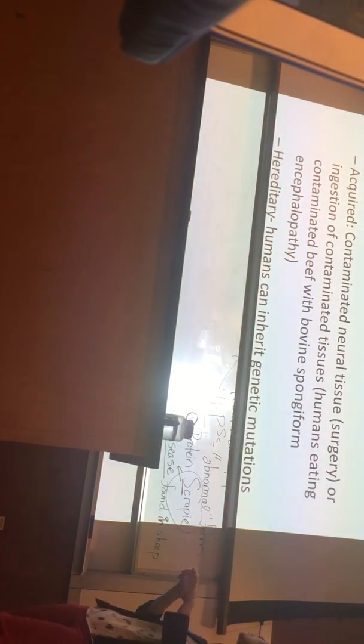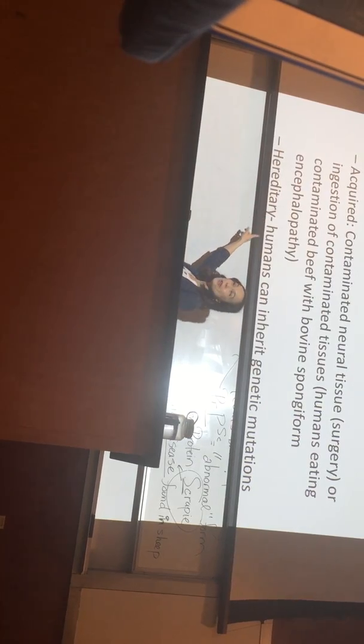Another thing to think about too is surgical equipment. Surgical equipment that comes into contact with brain or spinal cord. You want to make sure all of that material is sterilized between patients, because that could potentially come into play. But a more common thing is it actually can be hereditary. So it can get passed down.